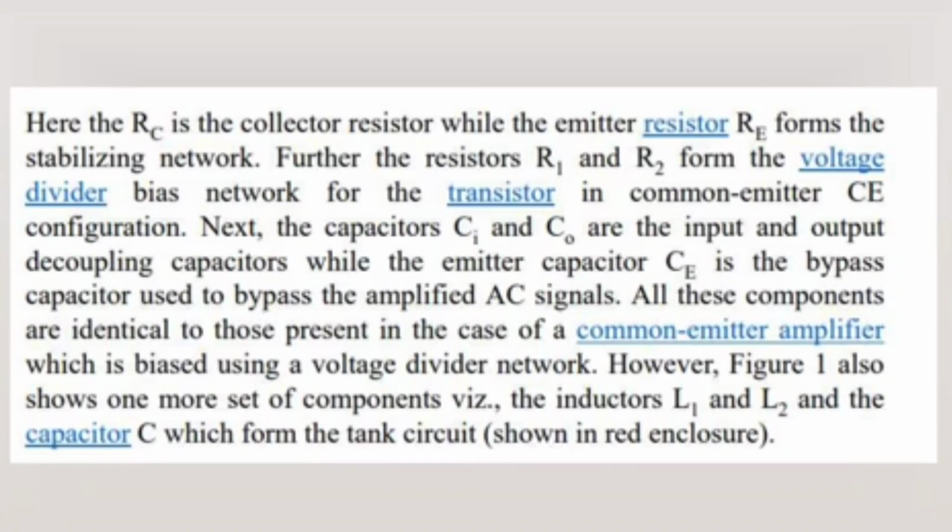All these components are identical to those present in a common emitter amplifier, which is biased using a voltage divider network. However, the figure also shows one more set of components, the inductors L1 and L2 and the capacitor C, which form the tank circuit shown in the red enclosure.